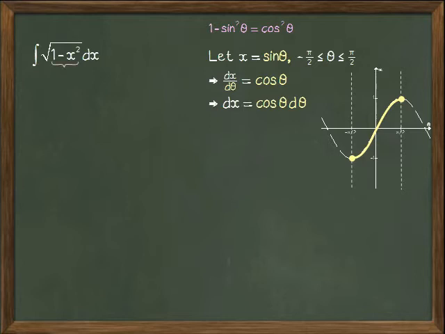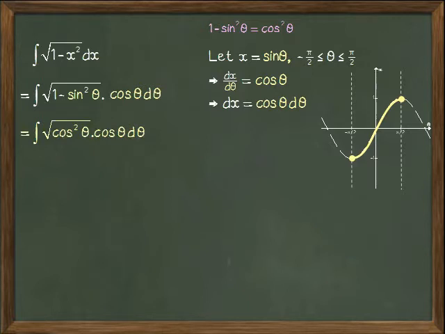So x can be substituted by sine theta and dx by cosine theta d theta. As 1 minus sine squared theta is equal to cosine squared theta, my function will simplify to the integral of the square root of cosine squared theta times cosine theta d theta.